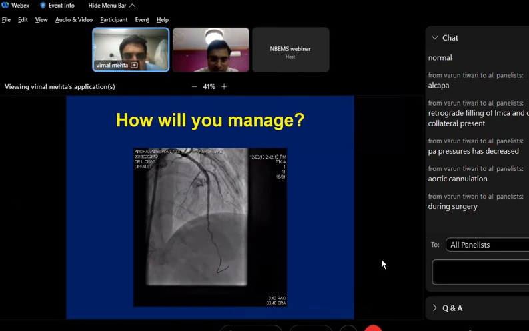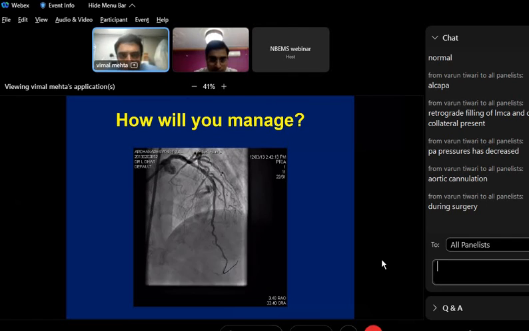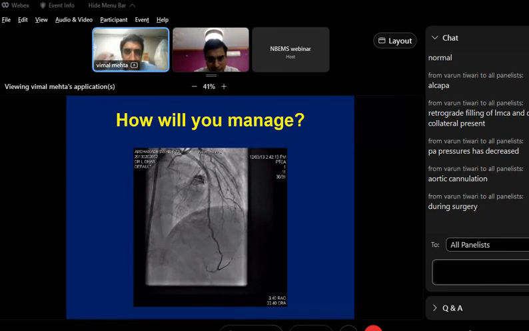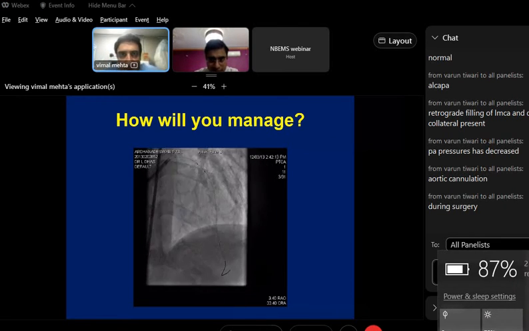So you may avoid a stent graft. A stent graft can always be done. Balloon tamponade should be given for some time, keeping a watch on ischemia and its related problems.